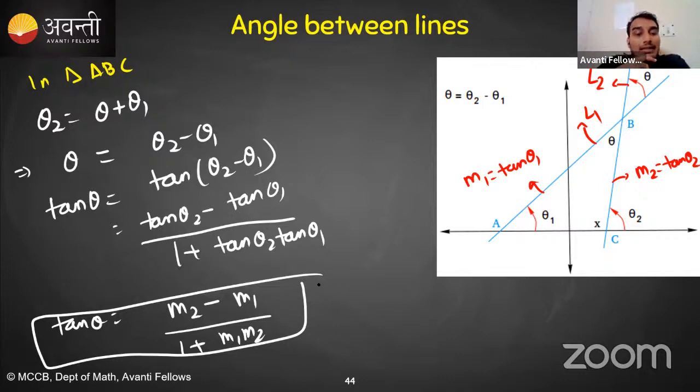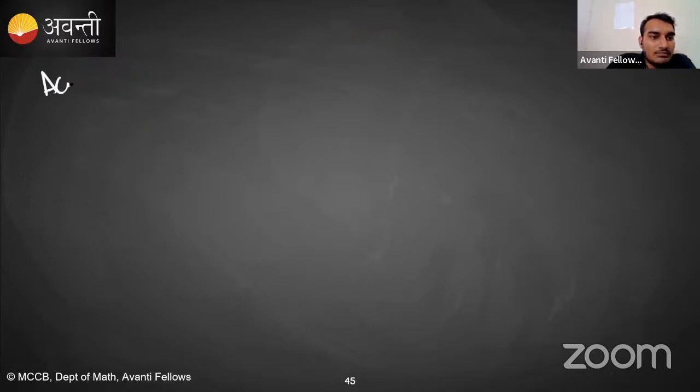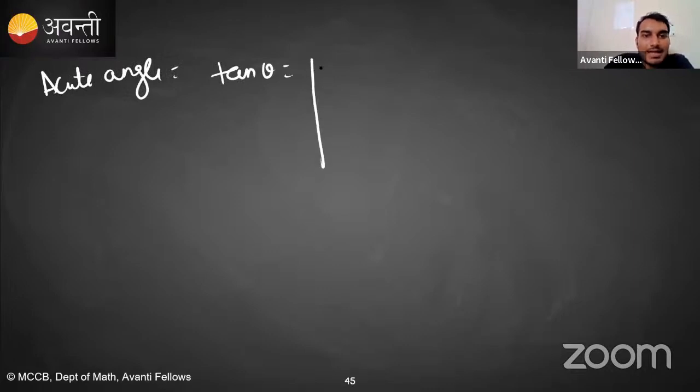So look, what do we need? This is the angle between the lines, but we require the acute angle. If tan theta comes out as minus 2, then I will just consider the magnitude, tan theta equal to 2, and corresponding to that I will tell my acute angle. So the acute angle: tan theta is nothing but the magnitude of M2 minus M1 upon 1 plus M1 M2.